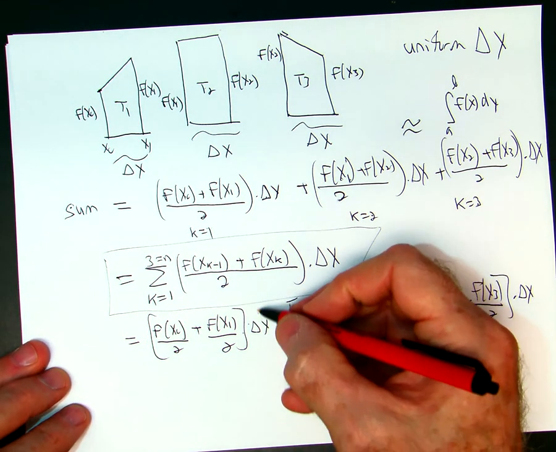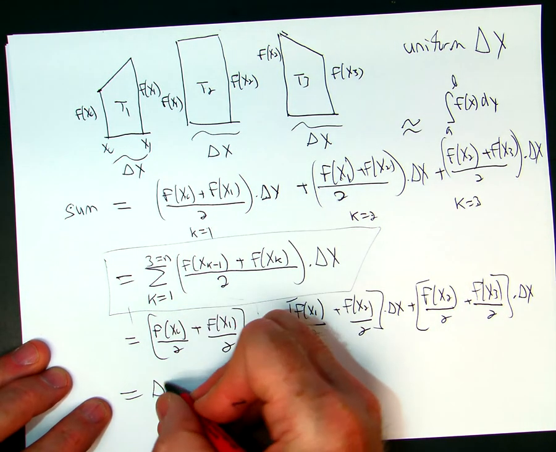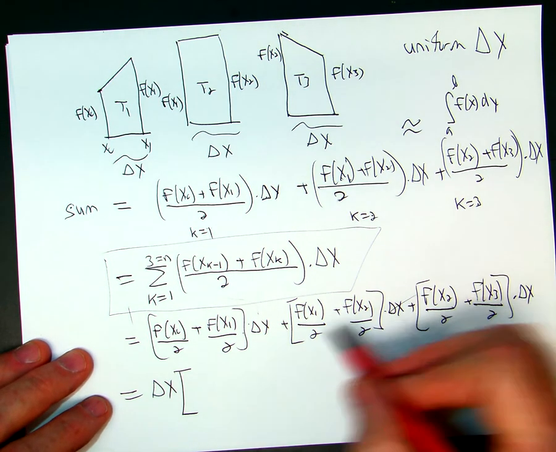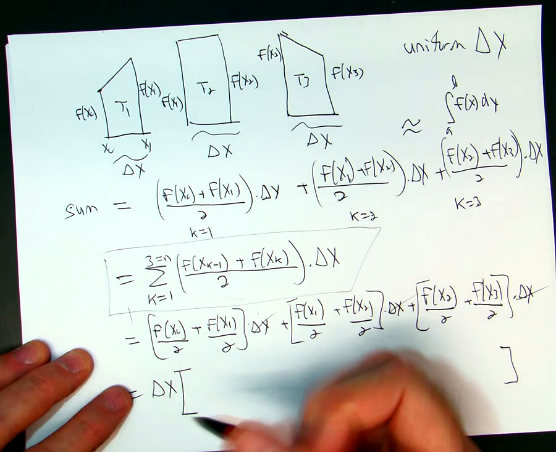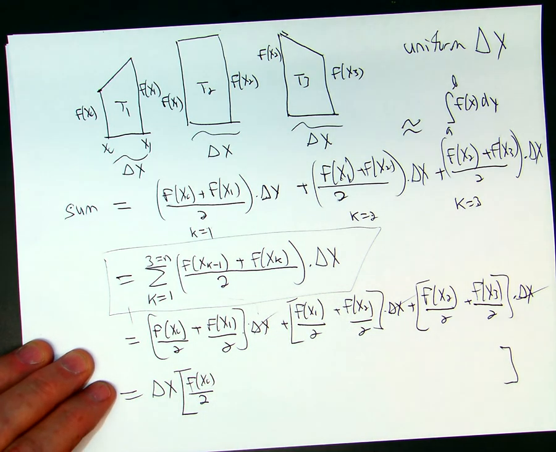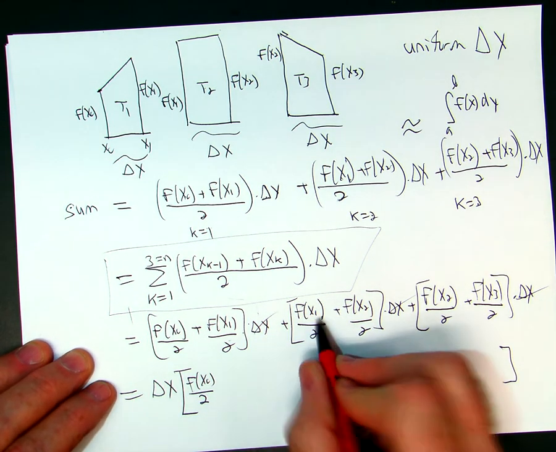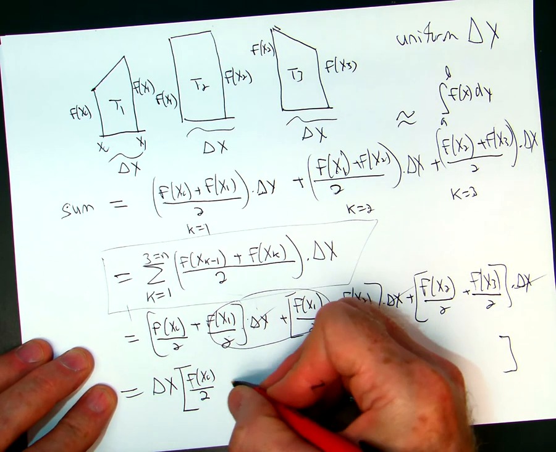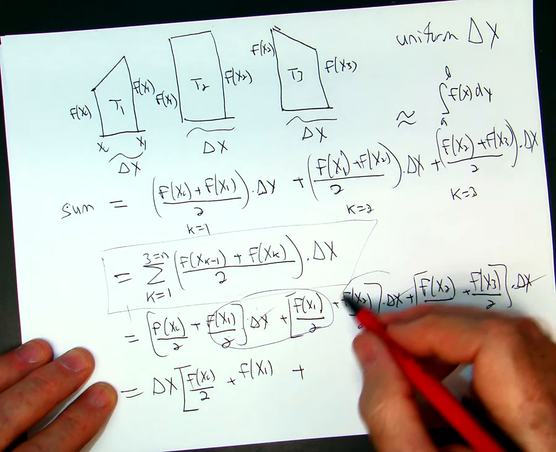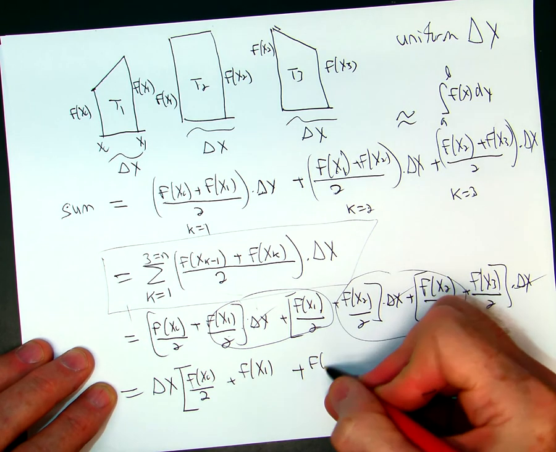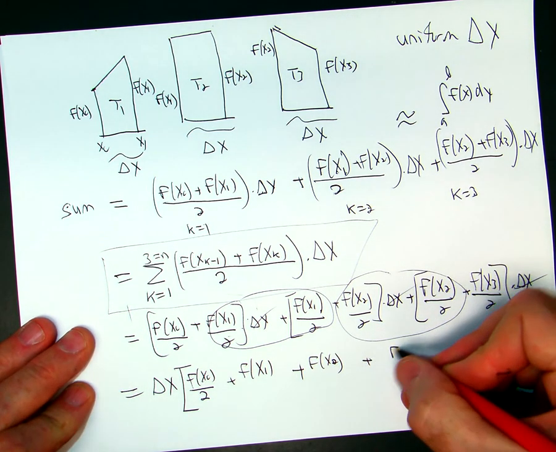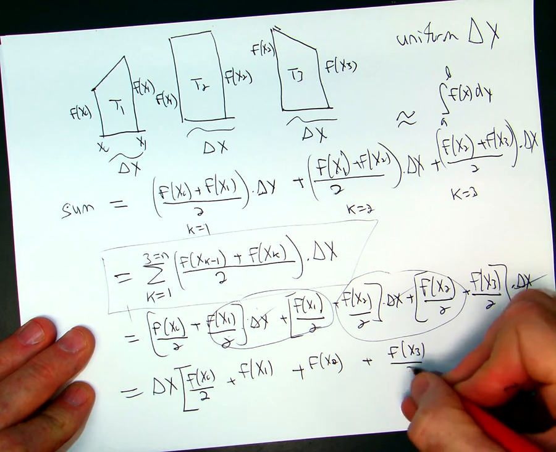Okay, I can factor this out. So I've taken these out. f of x0 over 2. Okay, how many of these do I have? I have 2 of those. Combine both of those, f of x1. Combine both of these, f of x2. And then finally I get the f of x3 over 2.